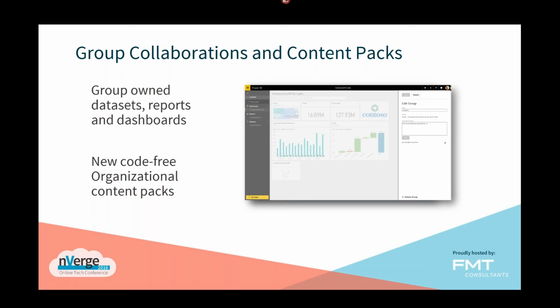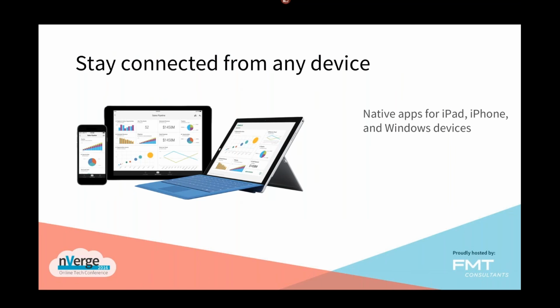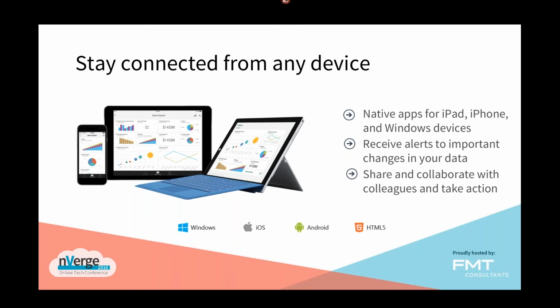Obviously collaboration is big, so you can have groups where groups own data sets, reports, and dashboards. If you have a finance group and they need their finance reports as opposed to the sales group, you can differentiate between those two. Microsoft also comes with a bunch of content packs that are out of the box.